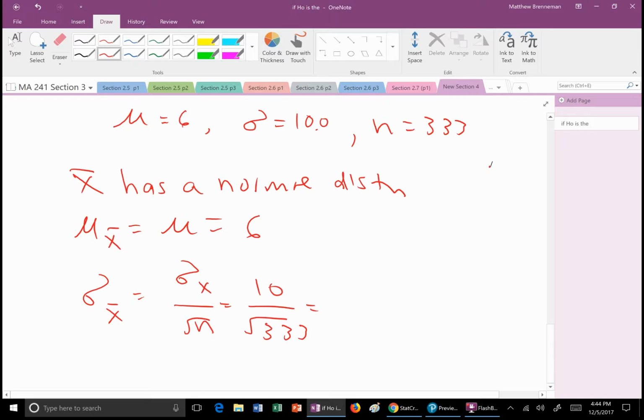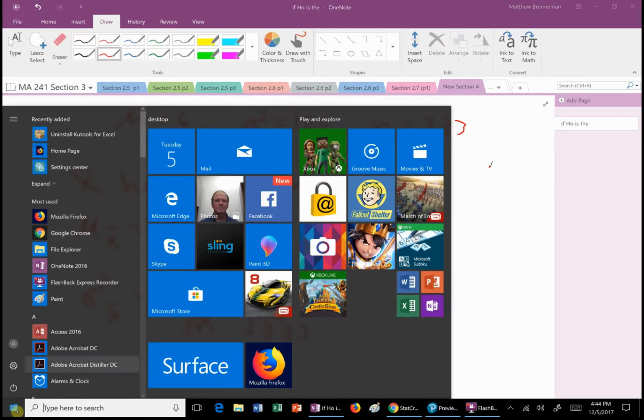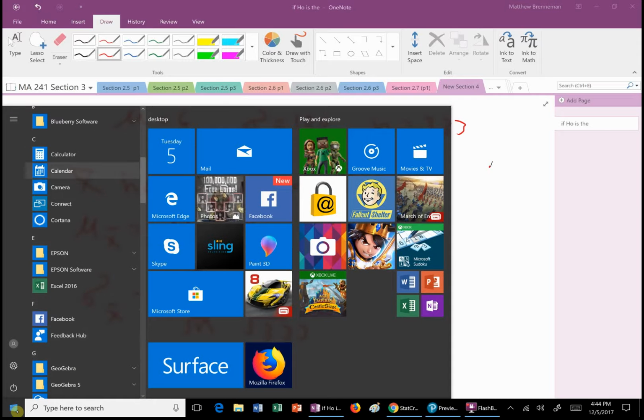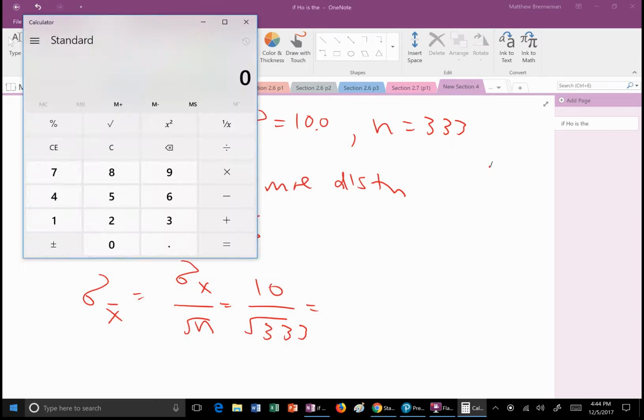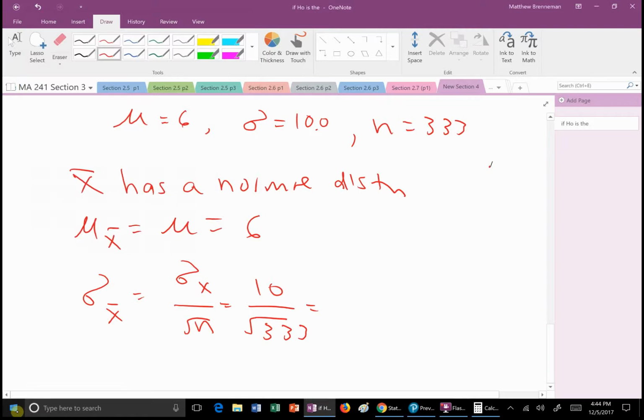And so you go ahead and just put this in your calculator, right? So the square root of 333, 1 over that, times 10. And it's going to be roughly 0.548, right? 0.548.